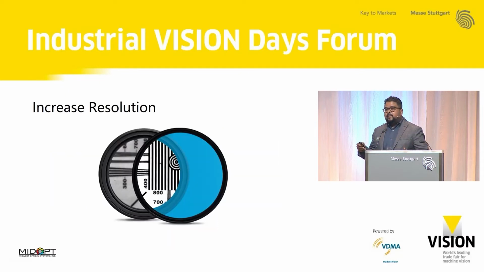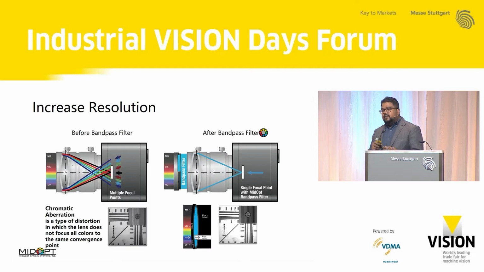Bandpass filters can also help to increase resolution in your lenses. There's a type of distortion that occurs in lenses called chromatic aberration. This happens when the lens tries to focus different wavelengths at the same point, because different colors or different wavelengths have different refractive indexes. They bend a little differently.